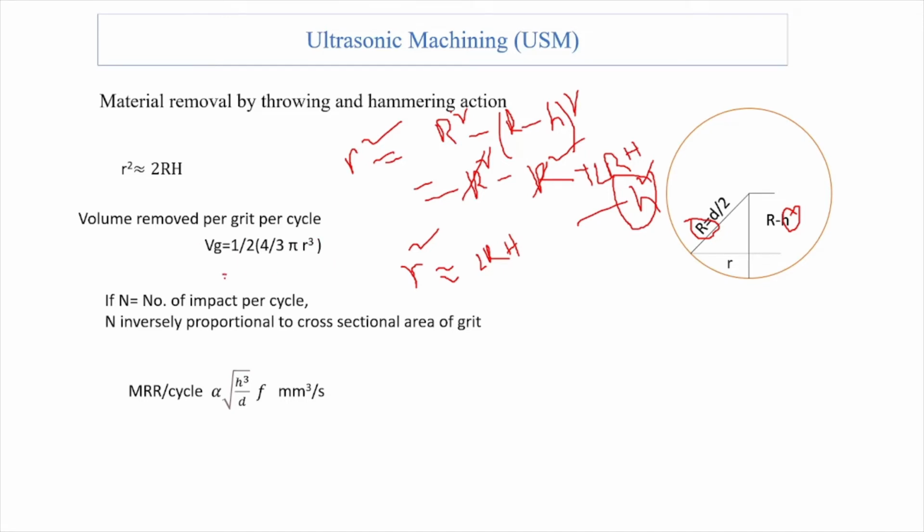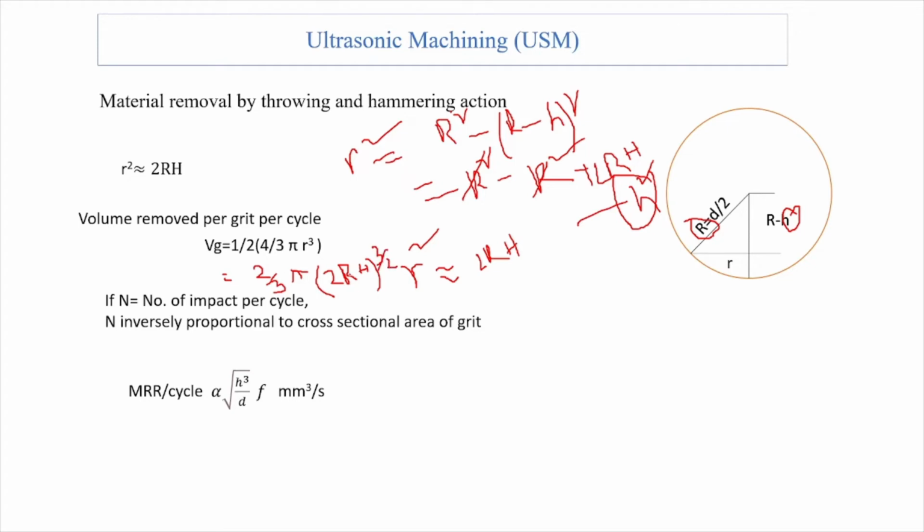If we rewrite this equation, we can write 2 by 3 pi into (2Rh) to the power 3 by 2.